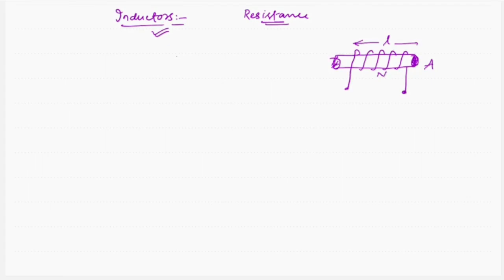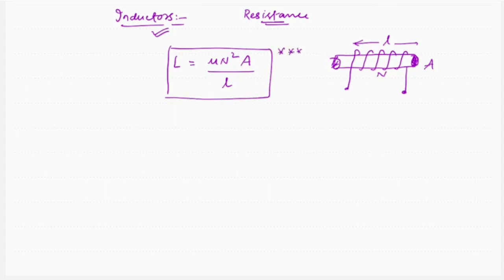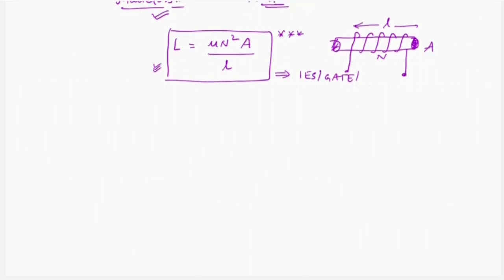So the value of inductance of this assembly is given by mu N square A divided by L. This equation is very crucial as far as solving numericals are concerned in either ES or GATE or any PSU. From this equation we will directly be getting so many questions, and in GATE it has already been asked.